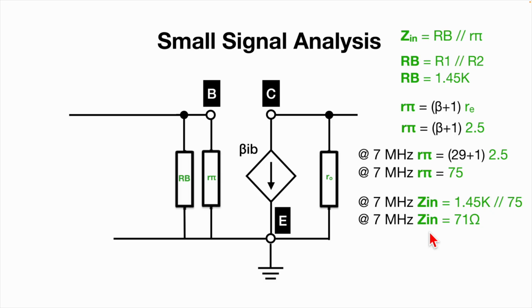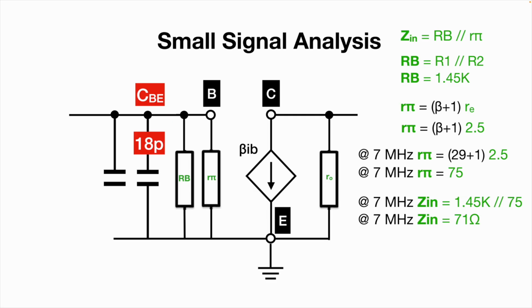Not too shabby. However, we've got to deal with all this extra capacitance that we didn't plan and we didn't really want. So that's the base emitter capacitance, 18 picofarads, you'll remember, but also the Miller capacitance now, which is this whopping great 884 picofarads.